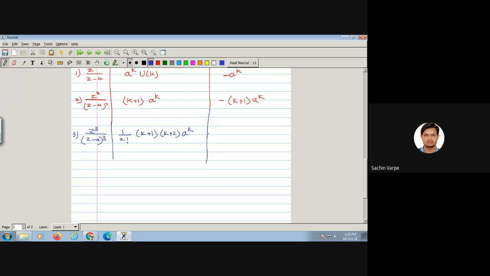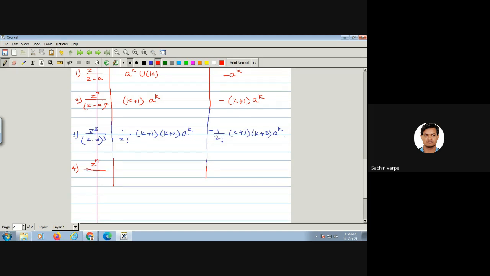And for negative, minus of 1 upon 2 factorial, k plus 1, k plus 2, a raised to k. And so on. So can you generalize it for the power n? That is, z raised to n upon z minus a raised to n. Can you generalize it?